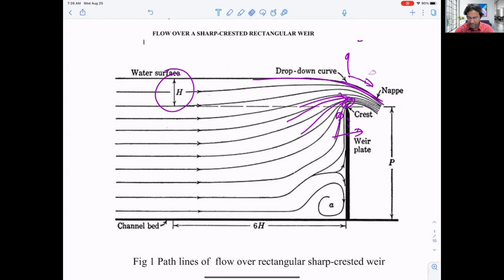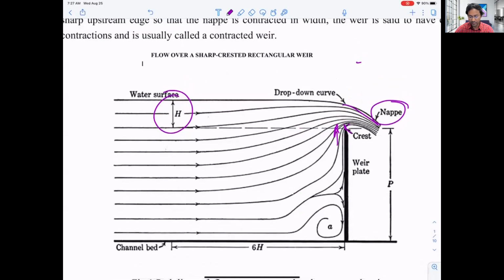So we have a special name for these streamlines when they flow over this weir. We call it the nappe. And then we have these contracted streamlines just under this nappe. We can call it the contracted nappe because of this component of the velocity right under the nappe. We also have a contracted weir if the length of the weir is less than the width of the river.